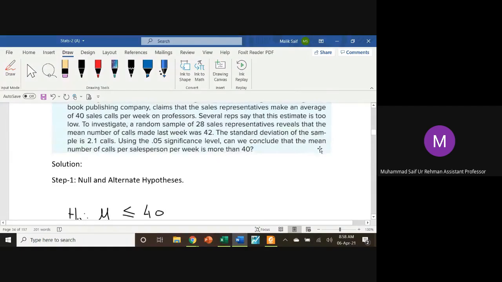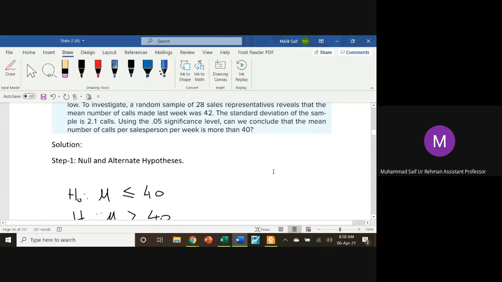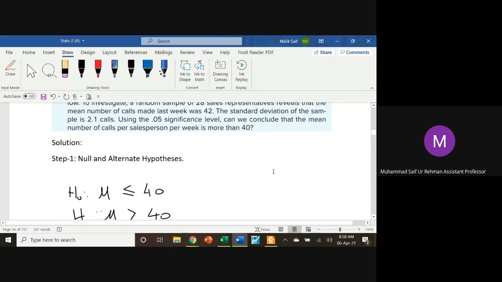Can we conclude that the mean number of calls per salesperson per week is more than 40? So you will say yes. You will write down this statement or replicate it over there. Yes, as we have rejected the null hypothesis, it means the number of calls per salesperson per week is more than 40.